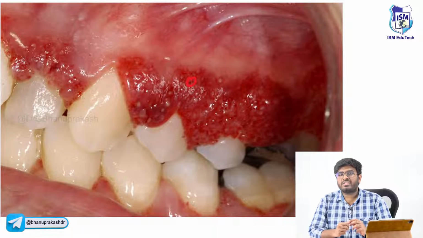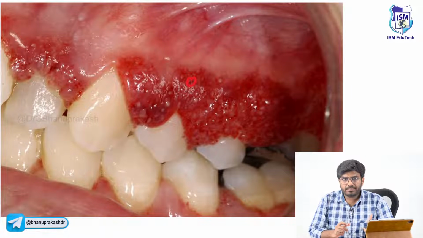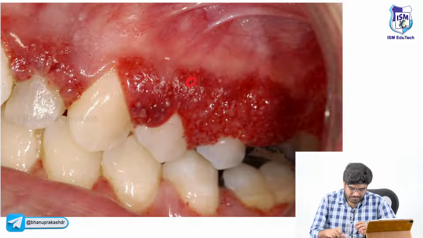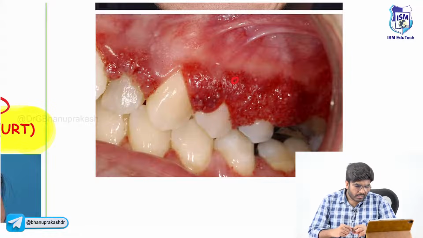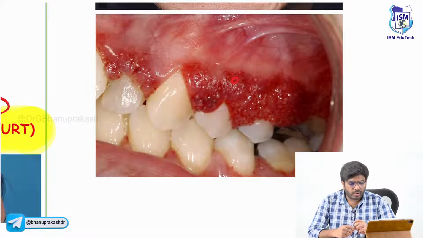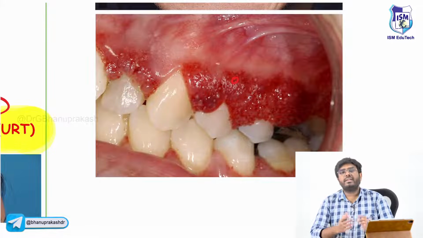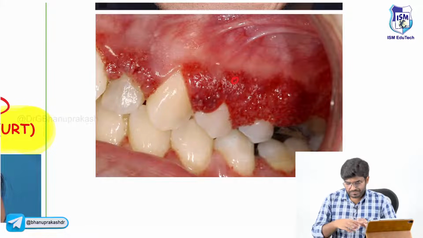One more name is Colpitis macularis. Any idea? Trichomonas vaginalis. So there is an infection called trichomoniasis. Excellent. In trichomoniasis there is going to be strawberry cervix.